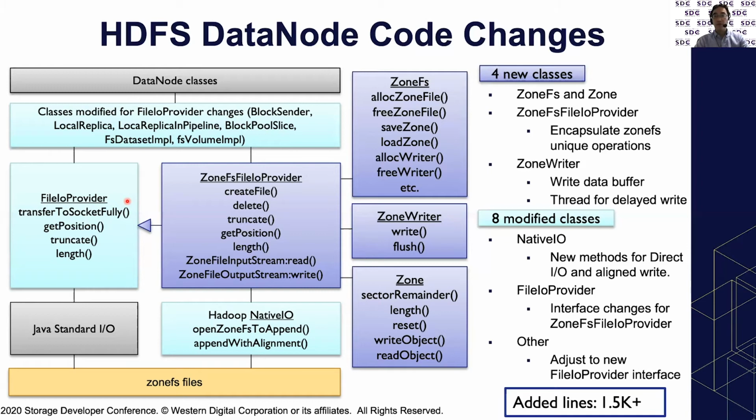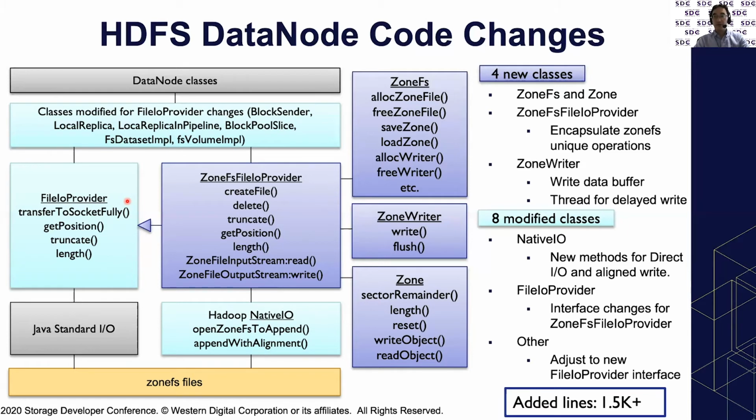This File IO Provider adds hooks to file operations. Those hooks are used for performance measurements and failure injections for testing. In other words, this class wraps around all of the file operations.